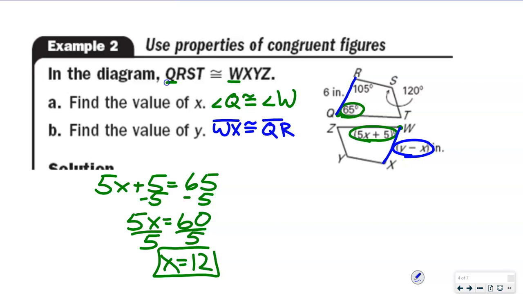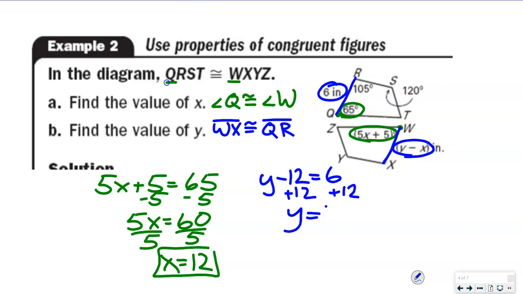So side QR is its corresponding side. So y minus x equals 6. Now we already found x, so we can plug x in. So y minus 12 equals 6. Just add 12 to the other side. And you see y equals 18. So we're able to use our knowledge of corresponding parts to find our missing values.